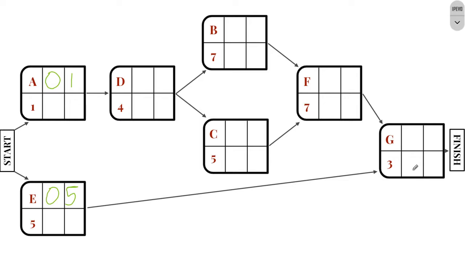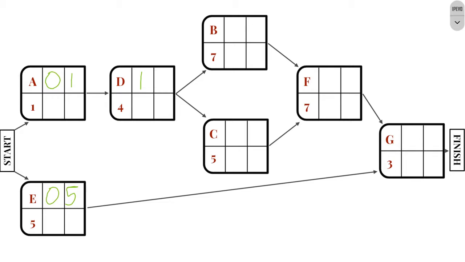Now I can't find G yet because it's dependent upon other ones over here, but D is only dependent upon A, so I can keep moving forward with that. Our earliest start time is based on previous nodes. In this case, we get done with activity A after 1 day, so that means that activity D can start after we finish activity A on day 1.